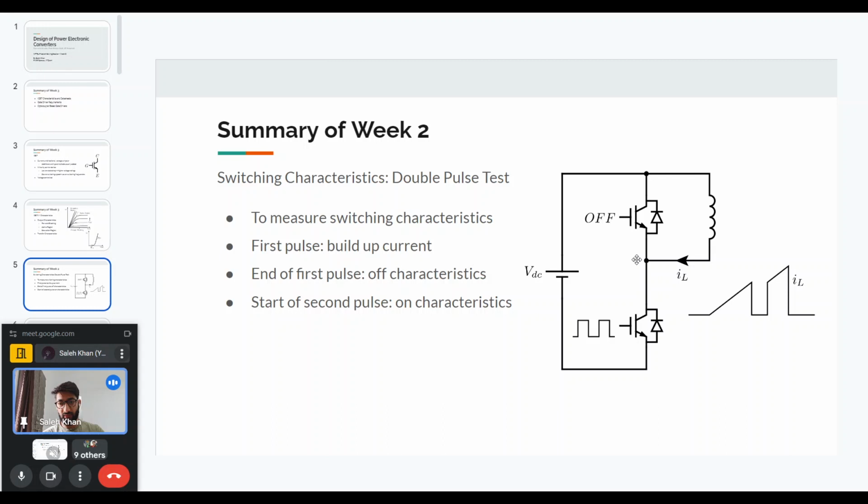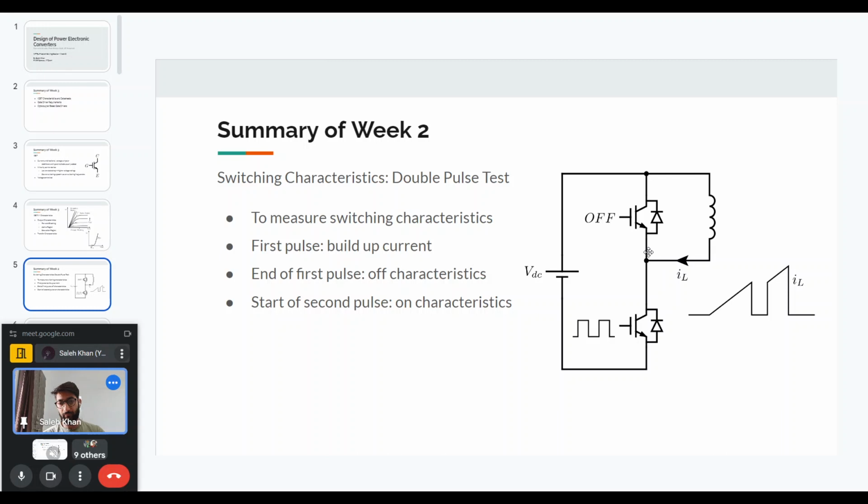Then when we reach the current at which we want to test the device, for example 50 amperes, we turn off the gate pulse to this device. So the IGBT will turn off, but the inductor current will have to freewheel somehow, so it will freewheel through the top diode.